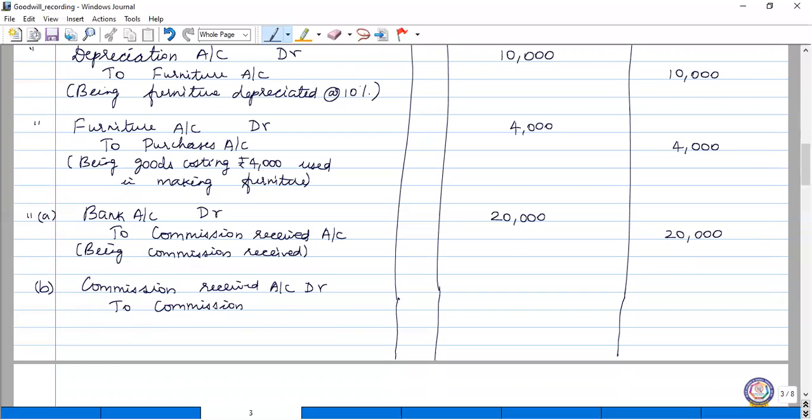How much is it? Half of this, so 10,000. Being commission received in advance.